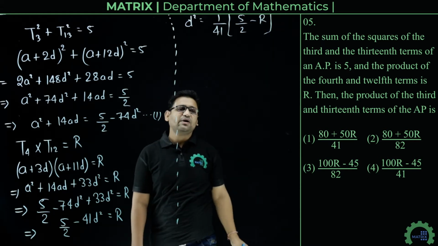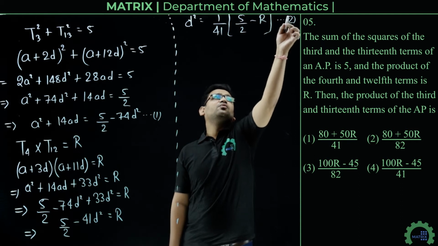This is the value of D square. Let's say this is equation number 2.